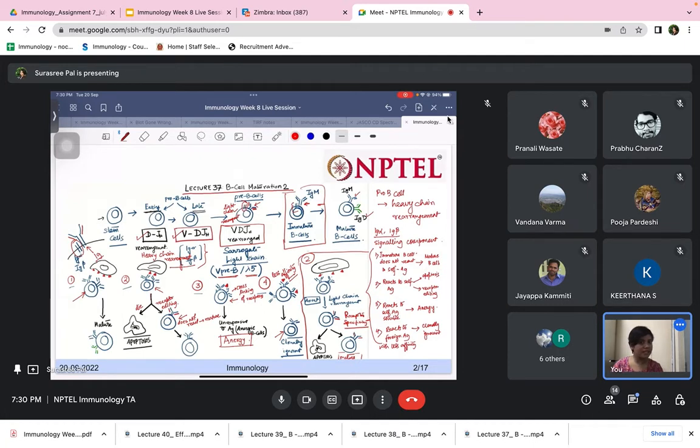When it is present on the surface of the mature B cells, they also interact with antigens, right?